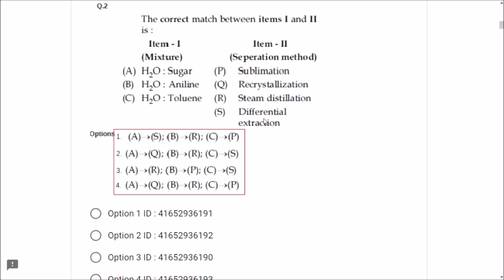Yes, it can be differential extraction, because water forms a layer with toluene. These are immiscible liquids. This is organic, this is aqueous, so these two layers can be extracted. Differential extraction. That means C is S. So option number 2: A, water sugar mixture, can be recrystallized; B, water aniline, by steam distillation; whereas water toluene is differential extraction. So option number 2 is correct, students.